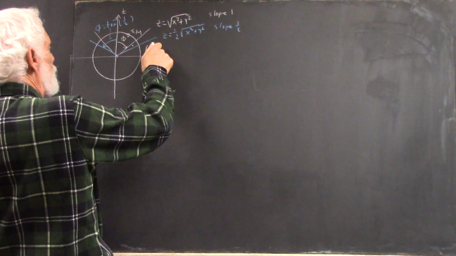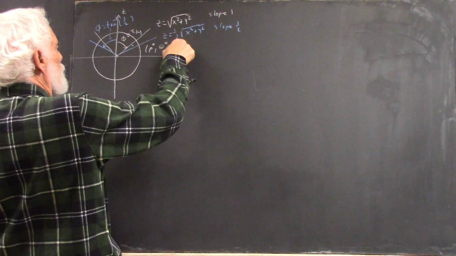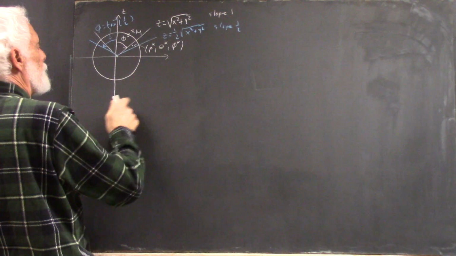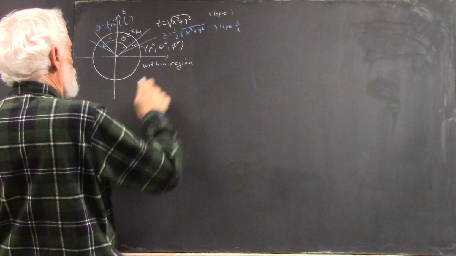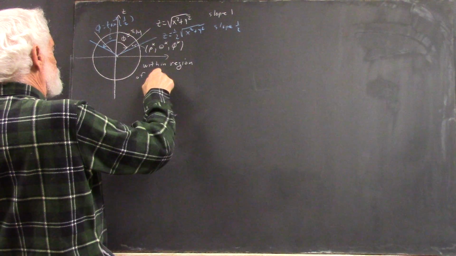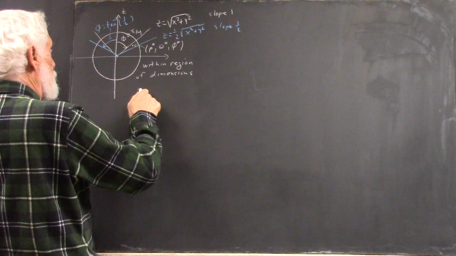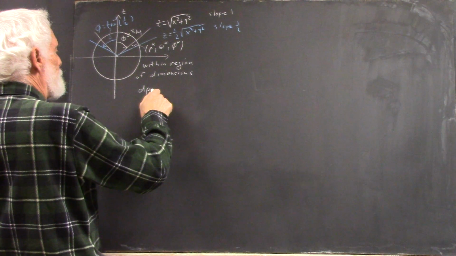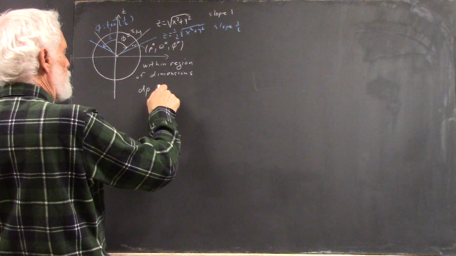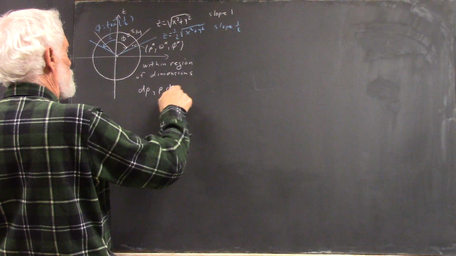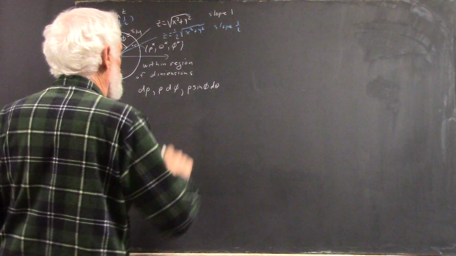It's rho star, theta star, phi star, and it's within a region that's approximately rectangular, but its dimensions are d rho, rho d phi, and rho sine phi d theta.